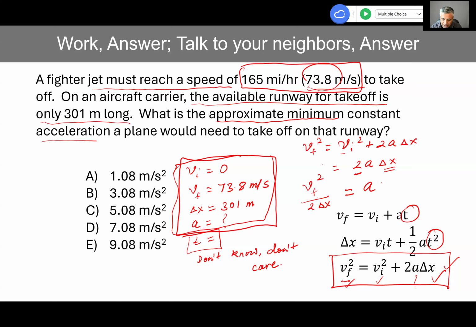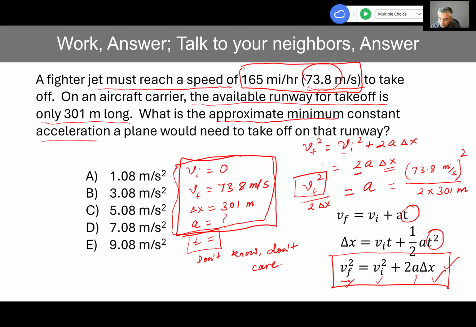So now I can plug in this number here, which is 73.8, and I need to square that. So I'm going to write that on this side here: 73.8 meter over second, squared, and 2 times displacement, which is 301, unit is meters.